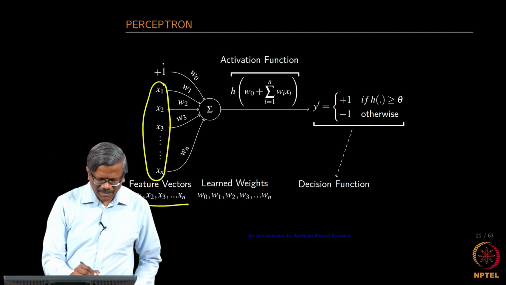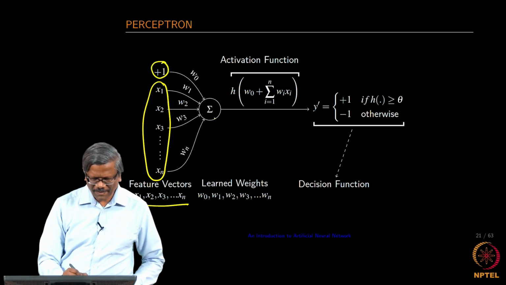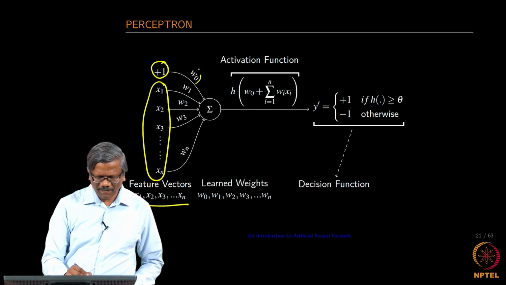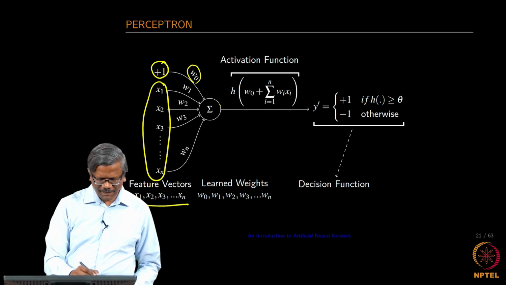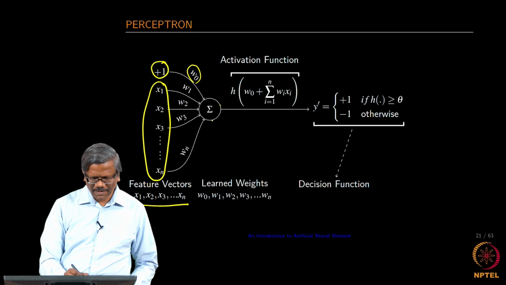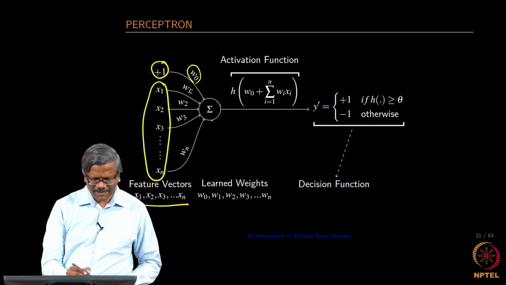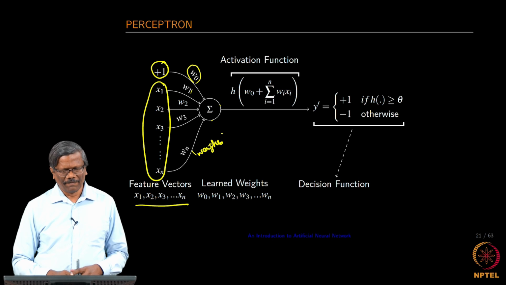Then we have a bias whose value is +1, which is connected to the perceptron using the weight w0. All the input feature vectors are connected to this element through weights. So the input is connected to the neuron through the weights.